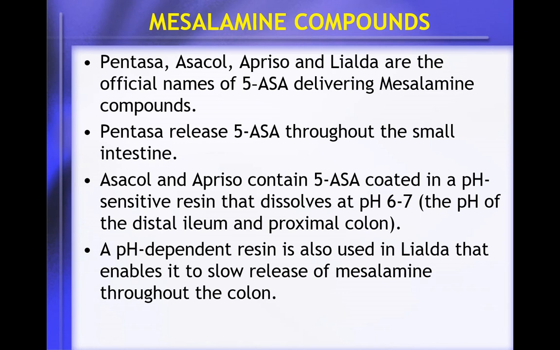This resin is dissolved at pH ranging 6 to 7, which is the pH of distal ileum and proximal colon. So it is dissolved in the distal portion of the intestine, and the drug is absorbed over there. A pH dependent resin is also used in Lialda that enables it to slowly release mesalamine throughout the colon.